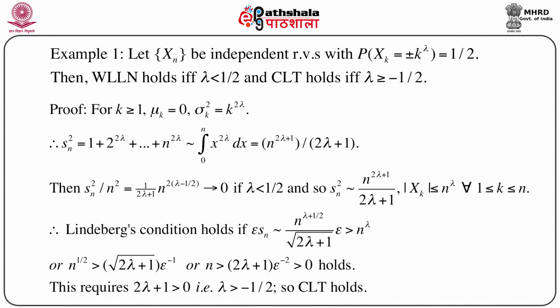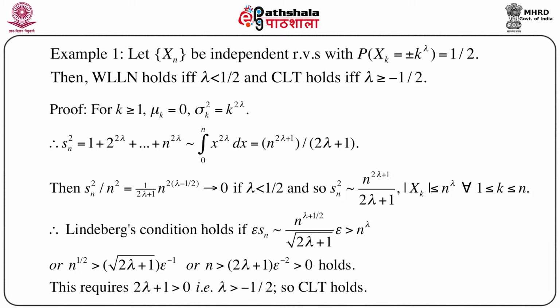So, Lindeberg's condition holds if epsilon Sn, which is approximately the square root of n to the power 2 lambda plus 1 by 2 lambda plus 1 into epsilon, is greater than n to the power lambda. So, after a little bit of manipulation, we have n to the power half greater than square root of 2 lambda plus 1 into epsilon to the power minus 1, or n greater than 2 lambda plus 1 into epsilon to the power minus 2, which holds.